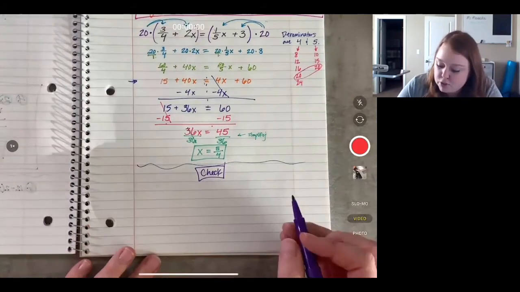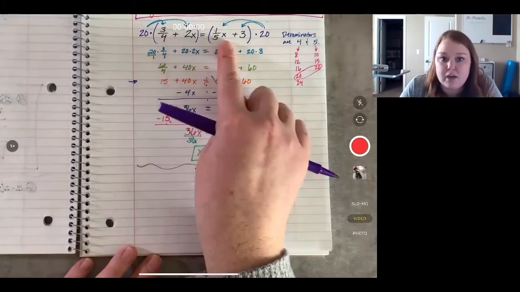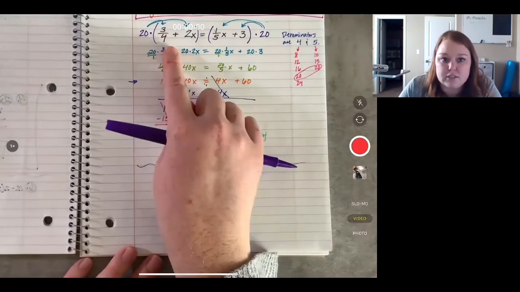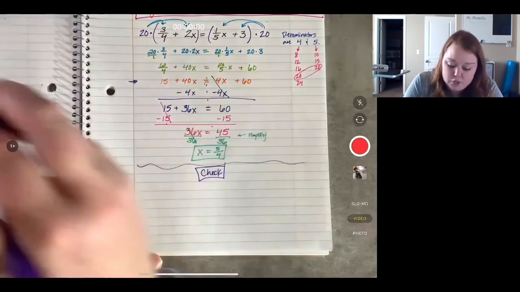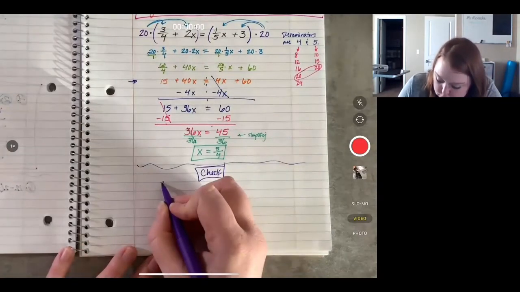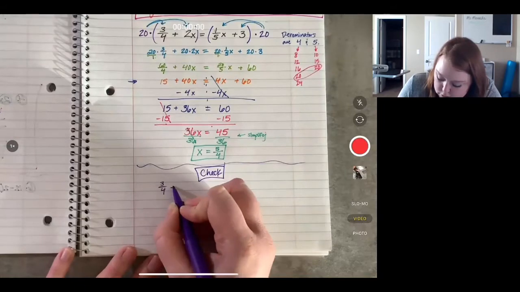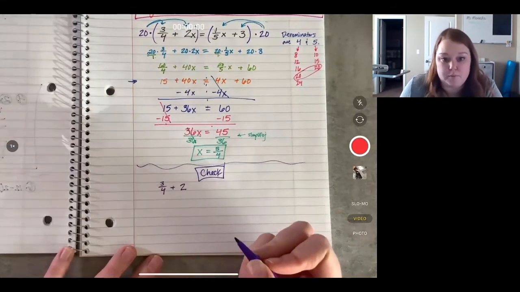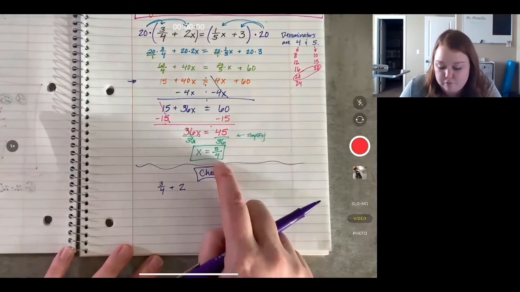Okay. So look at the original statement, not the 20s. Let's look at the original statement up there. So I had 3/4 plus 2 times our variable. Well, our variable is hopefully 5/4.